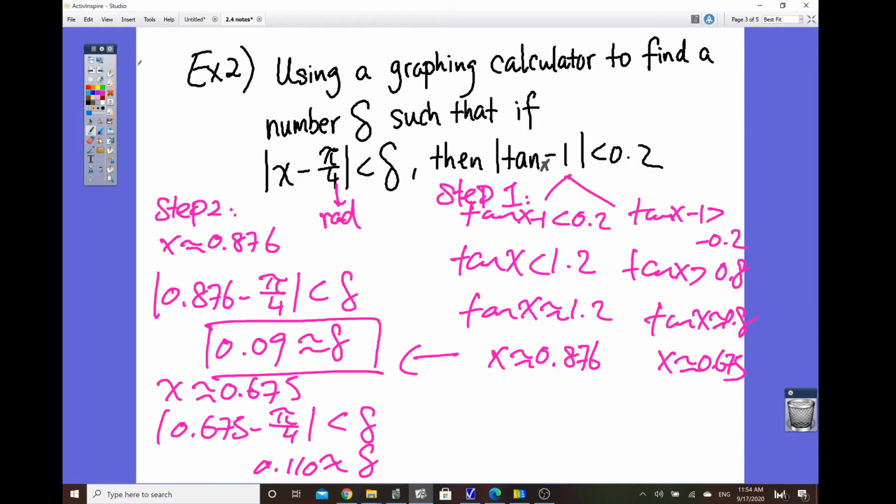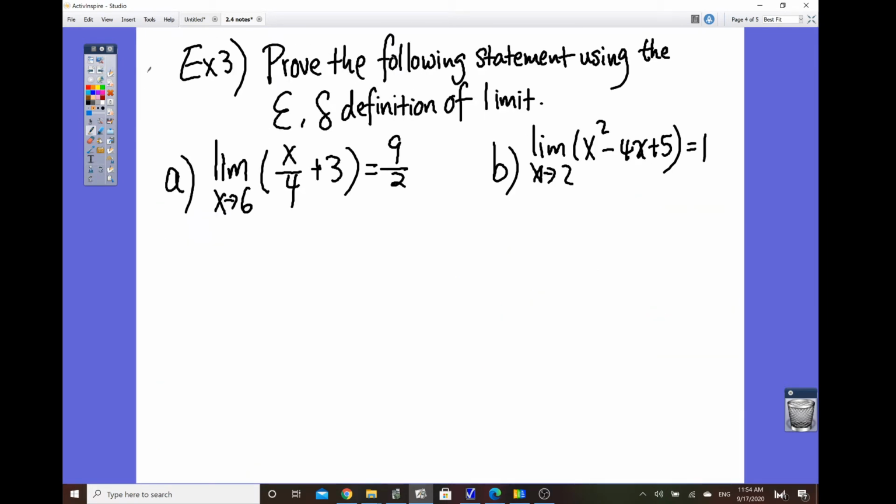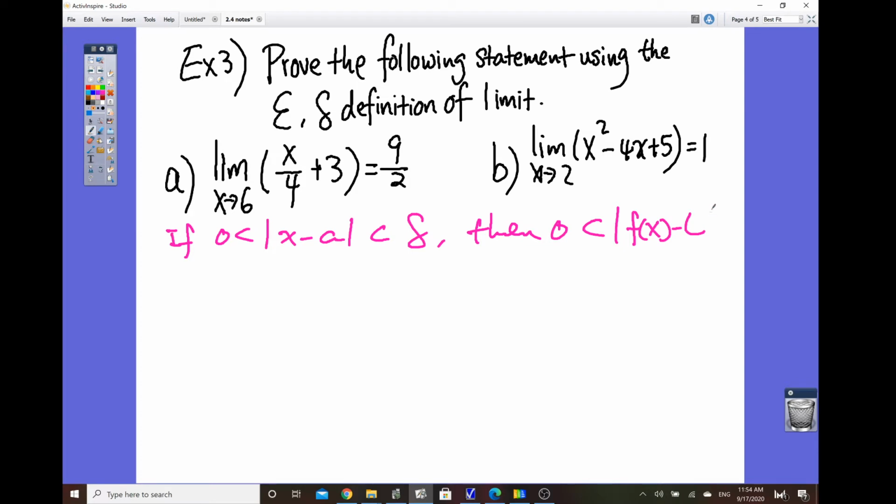Okay, so now let's see what else we have for the rest of this. The last one here: you want to prove the following statement using the epsilon delta definition of limit. The definition always says that if 0 is less than absolute value of x minus a, which is less than delta, then 0 is less than absolute value of f of x minus L, the value of the limit, which is less than epsilon.